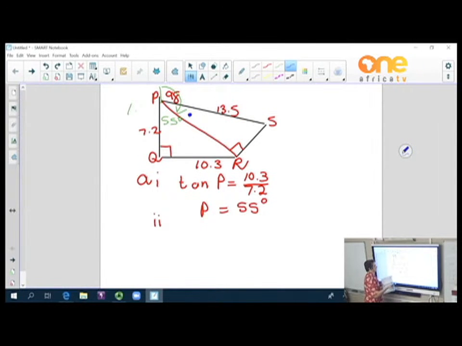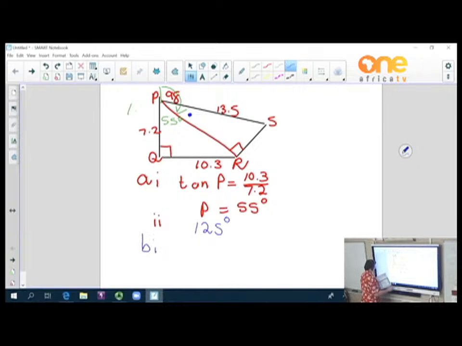So it's just 180 minus 98 minus 55. On the other hand, we can just subtract this 55 degrees also. Perhaps that's easier. And it is then 125 degrees, that bearing then there.